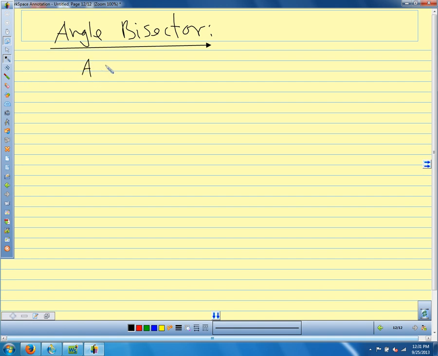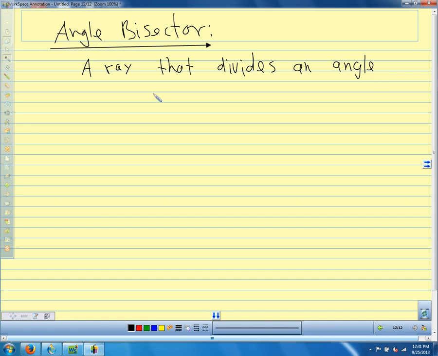So we're going to say a ray, using our technical language, that divides an angle into two congruent angles.